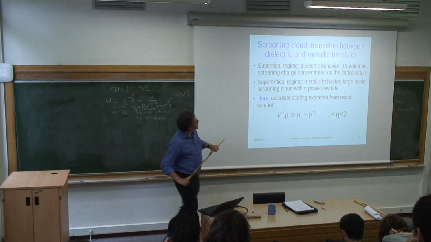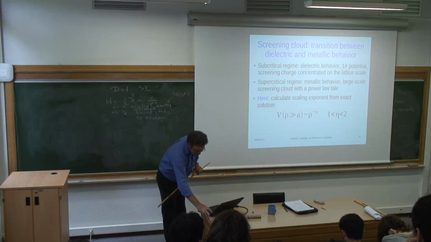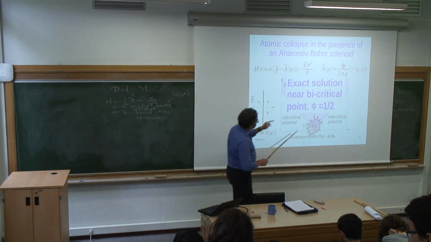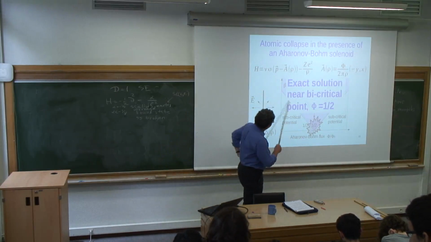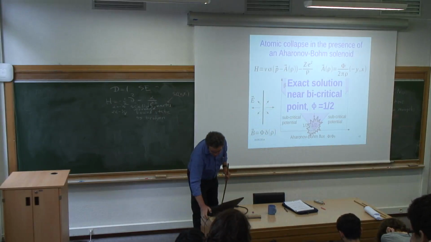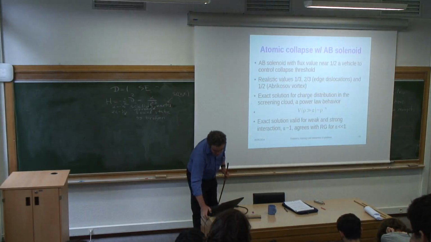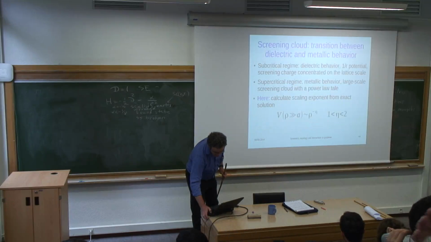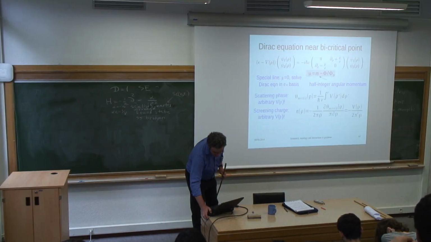But what one can do is invent this somewhat artificial case where you introduce an Aharonov-Bohm flux and then bring the threshold for collapse down to 0, and then at this point you can exactly solve the Dirac equation. Well, let me just say very quickly how this works.